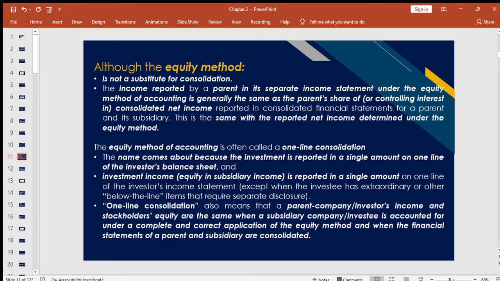One-line consolidation also means that a parent company's income and stockholders' equity are the same when a subsidiary company is accounted for under a complete and correct application of the equity method, and when the financial statements of a parent and subsidiary are consolidated.